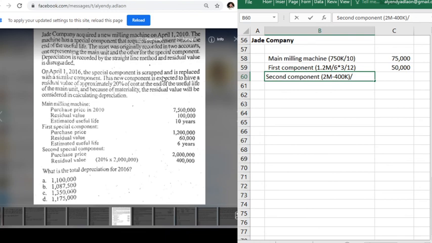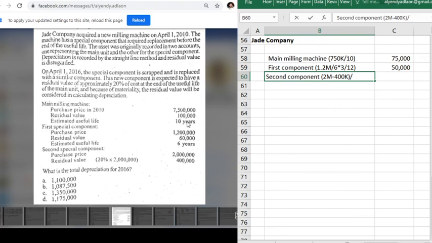Now since this is a component of the main machine, class, the useful life that we are going to consider is the useful life of the main milling machine. Since this main milling machine was purchased in 2010 and it has an estimated useful life of 10 years, and today is 2016, it is already being depreciated for 6 years.